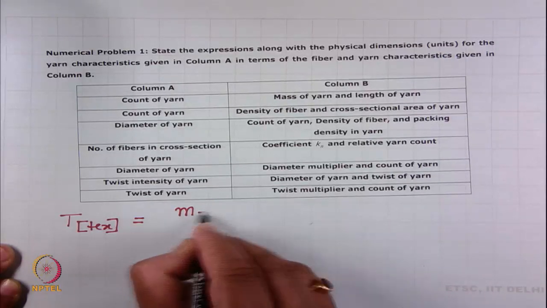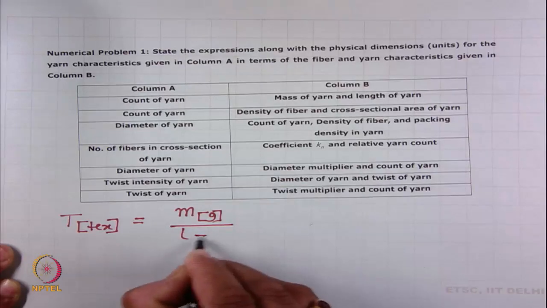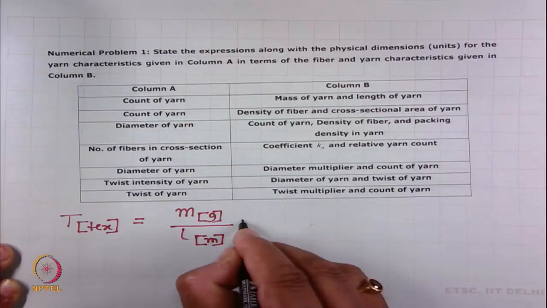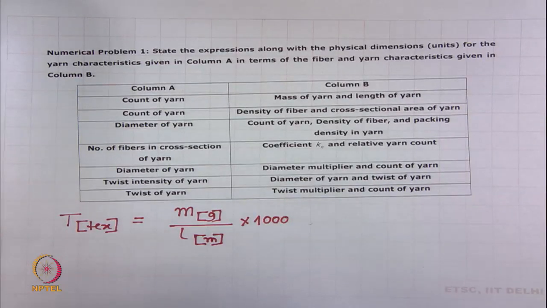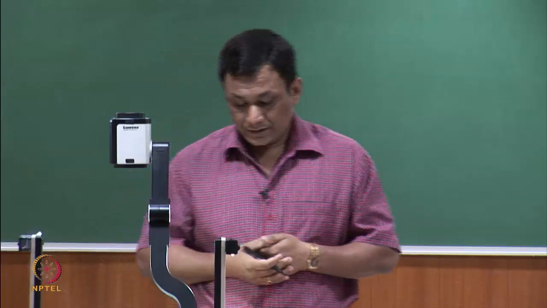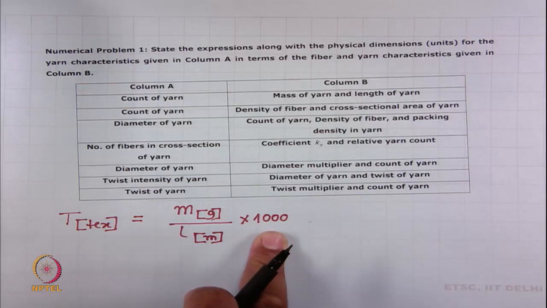Mass you will express in say gram, L length of yarn, if you wish to express in meter you have to multiply by 1000, right, because 1 tex is 1 gram per 1 kilometer. So, if you express L in terms of millimeter, you have to change this accordingly.